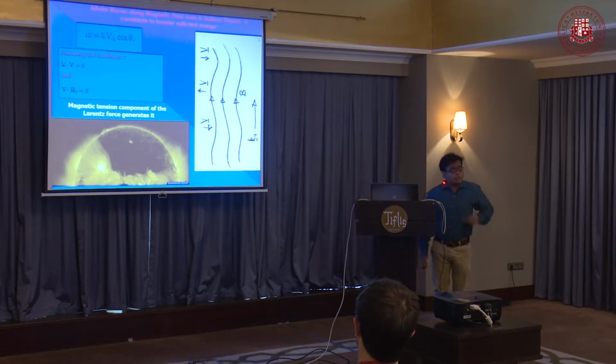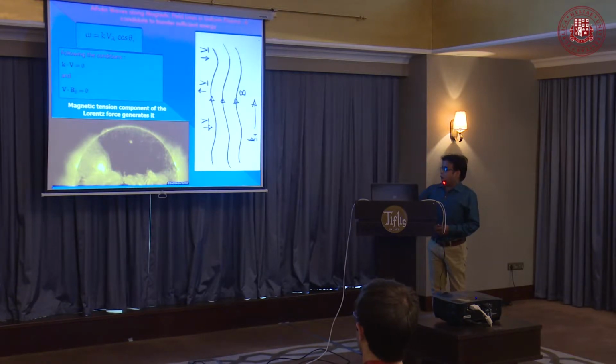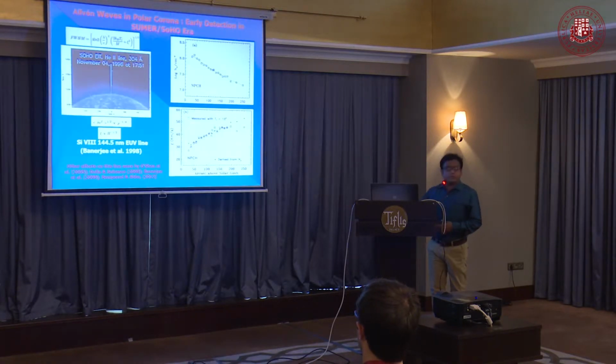Once it was known that these waves can serve as a potential energy source, the quest started with their detection. I will not mention the pre-SOHO era, when several measurements were done by Donald Hassler and other colleagues.